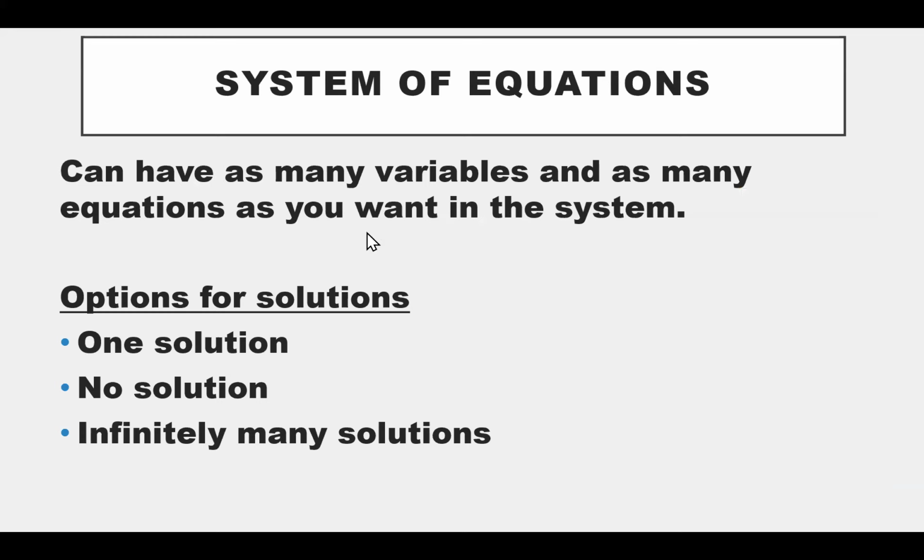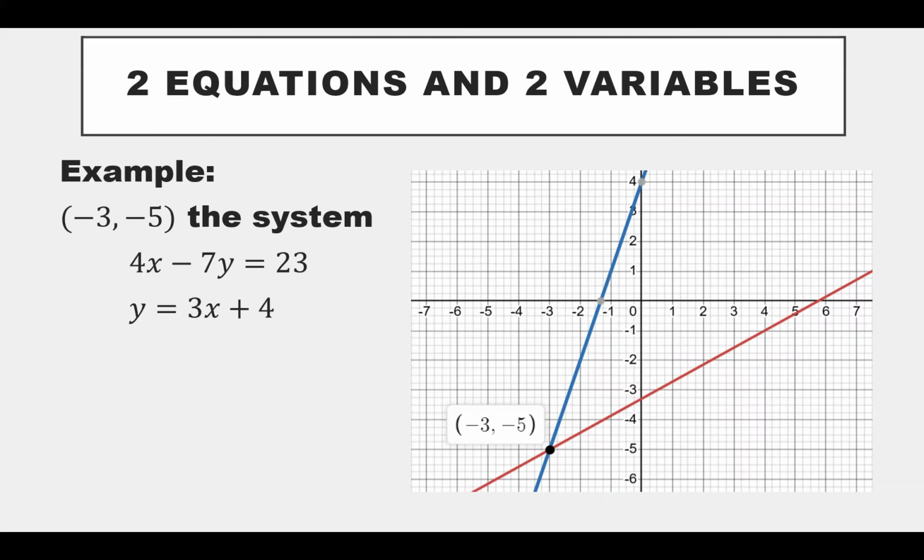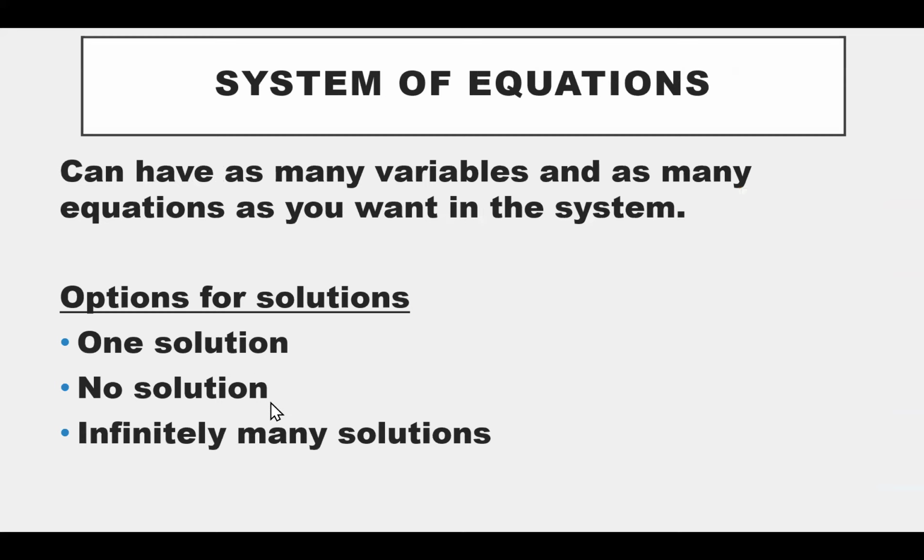Now, technically, we can have as many variables and as many equations as we want in the system. If we have two variables and two linear equations, then most of the time, these two lines cross. But on occasion, these two lines may end up being parallel. In that case, there'd be no solution.